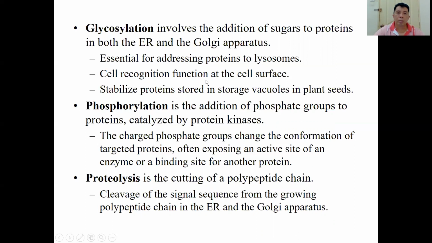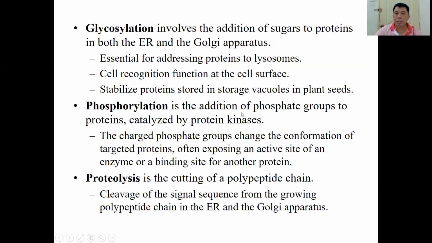And some recognition function at the surface, because glycosylation they add the carbohydrates to the polypeptide, so then becomes what we call the glycoproteins. So this will be the antigens. They act as antigen for cell recognitions. And then also it's used to stabilize the proteins stored in the storage vacuole.